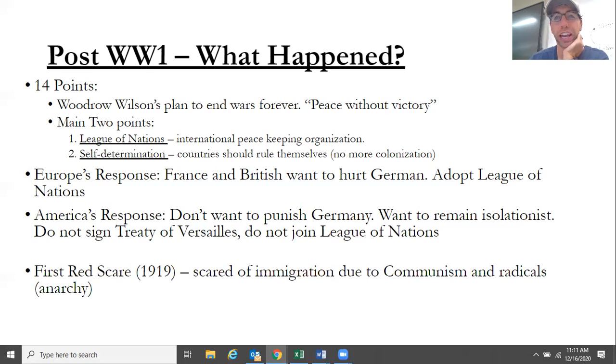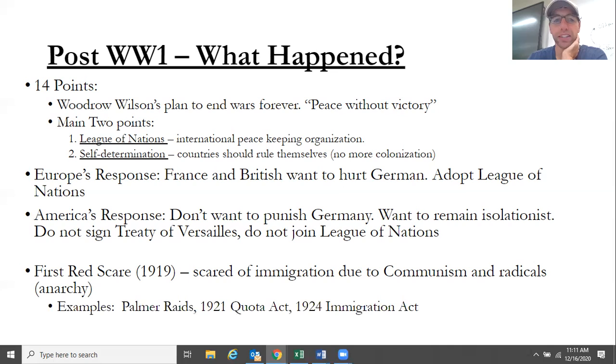Radical ideas were usually anarchist ideas or anarchy, the idea that all government is bad, so therefore there shouldn't be a government. And some examples of this would be immigration acts like the 1921 Quota Act, which dramatically dropped how many European immigrants were allowed. That was reduced even further in 1924 with the Immigration Act. And then there are also these things called the Palmer Raids, which is where the Attorney General is going to target communists and basically kick communists out of the country.